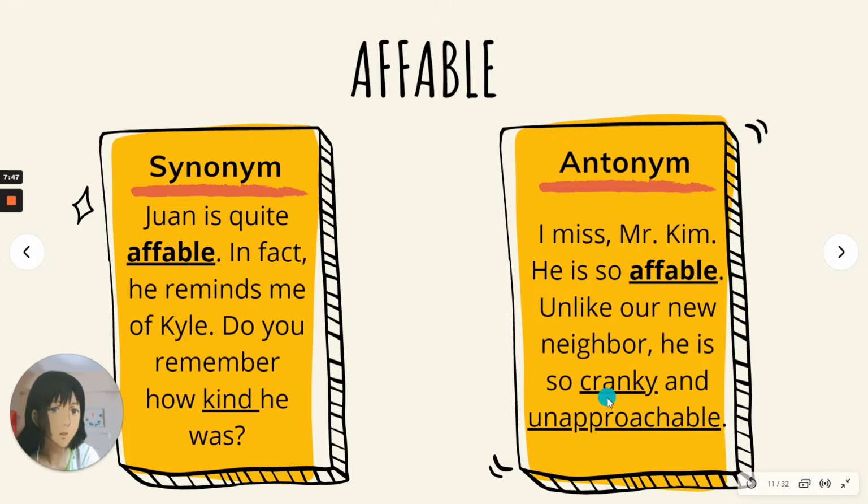It is not unapproachable. So, what context clue do we use here? We use the context clue antonym because it's the opposite of affable. Cranky and unapproachable are the words opposite of affable.